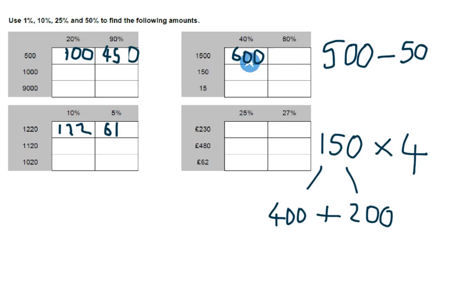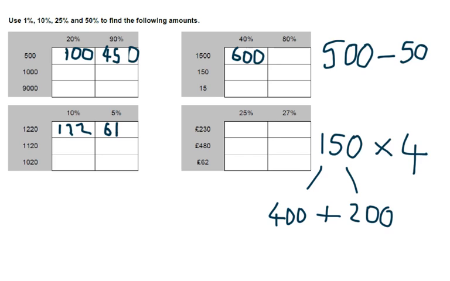And this is lower than that, but not too much lower, so I know I'm on the right lines. Okay, then 80%. Well, I could do 100% take away 2 lots of 10, or I could do 10% times 8. So you could choose which method you want to do there.